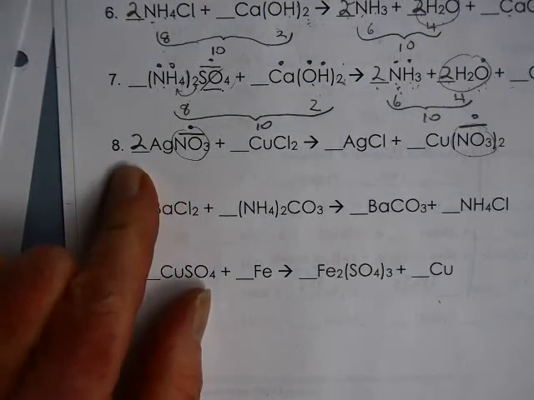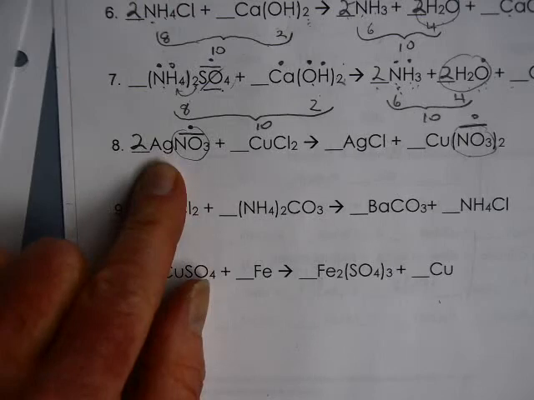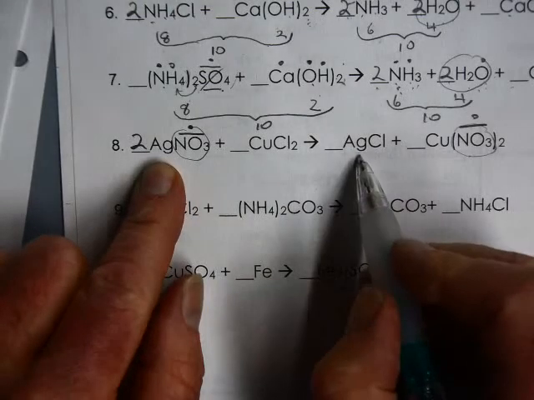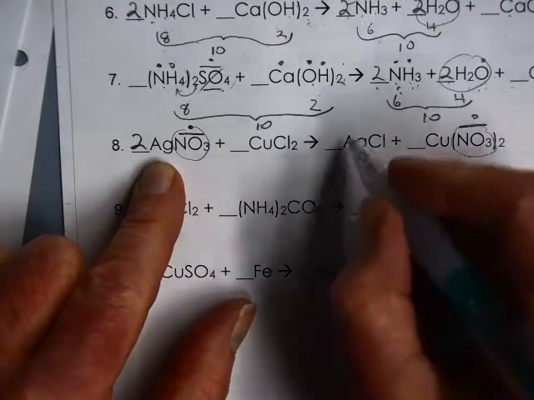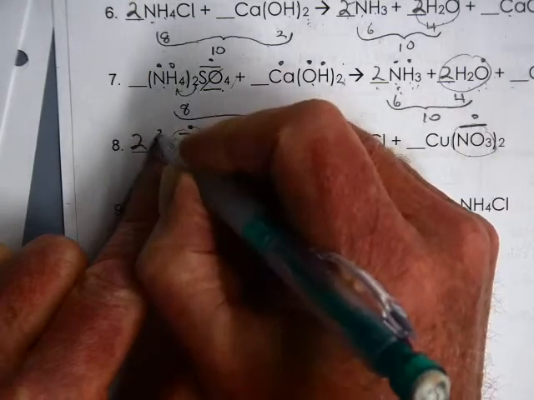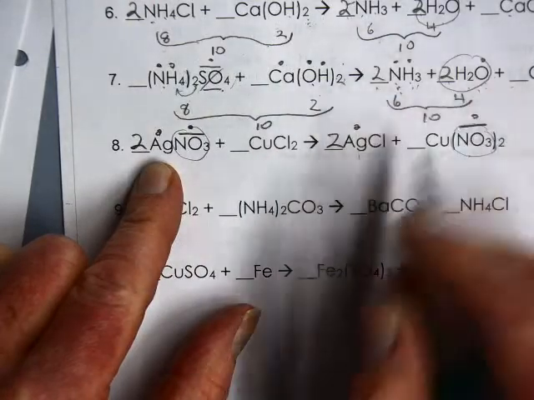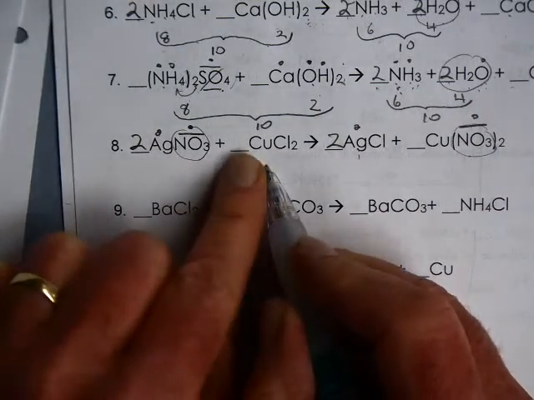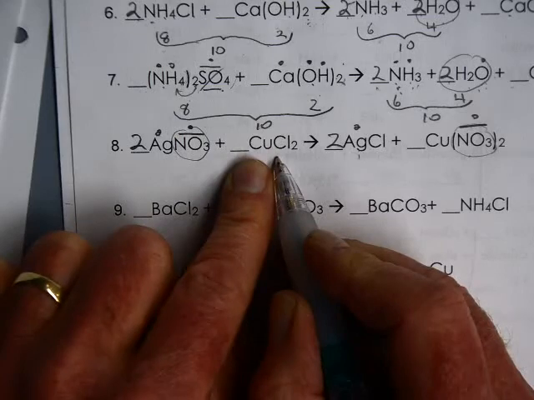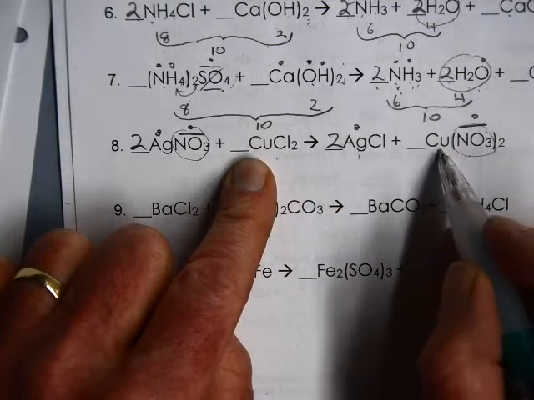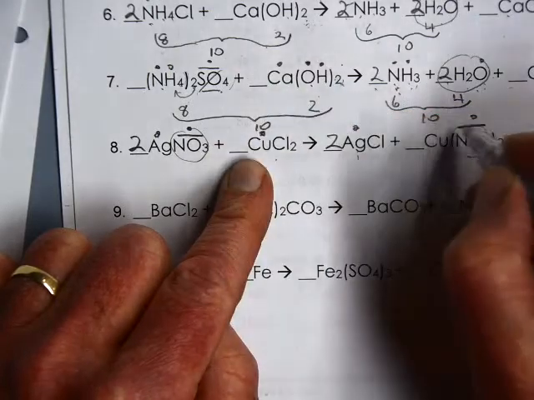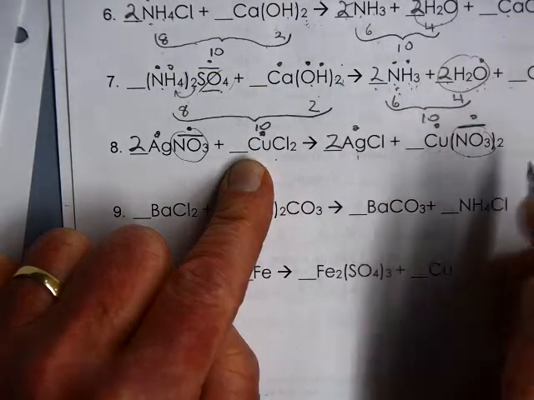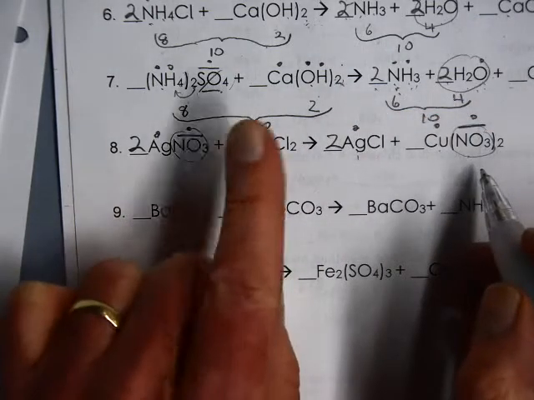Moving along. How many silvers do I have? 2. How many do I have over here? What am I going to do? Put a 2. So now, these silvers are balanced. Moving along. How many coppers here? 1. How many coppers here? 1. Already balanced. Okay, moving along.